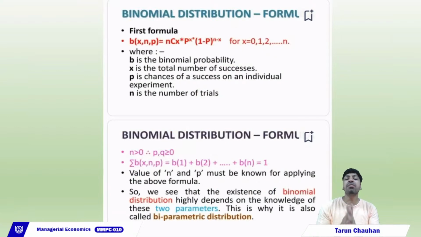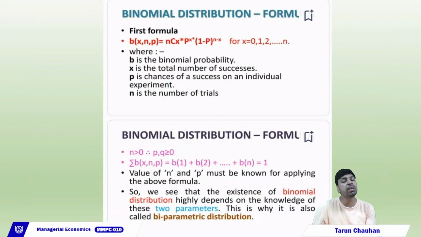This is the main formula of binomial distribution: B(x; n, p) is the cumulative sum of nCx times p^x times (1 minus p)^(n minus x), where x would be 0, 1, and so on, a finite series. What is B here?